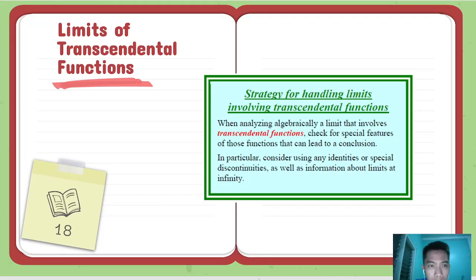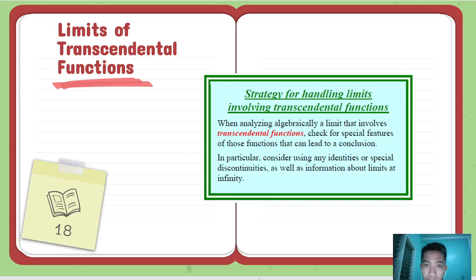So we are now down to two methods. These are the limits of transcendental functions. We have here the strategy for handling limits involving transcendental functions. When analyzing algebraically a limit that involves transcendental functions, you need to check for special features of those functions that can lead to a conclusion.